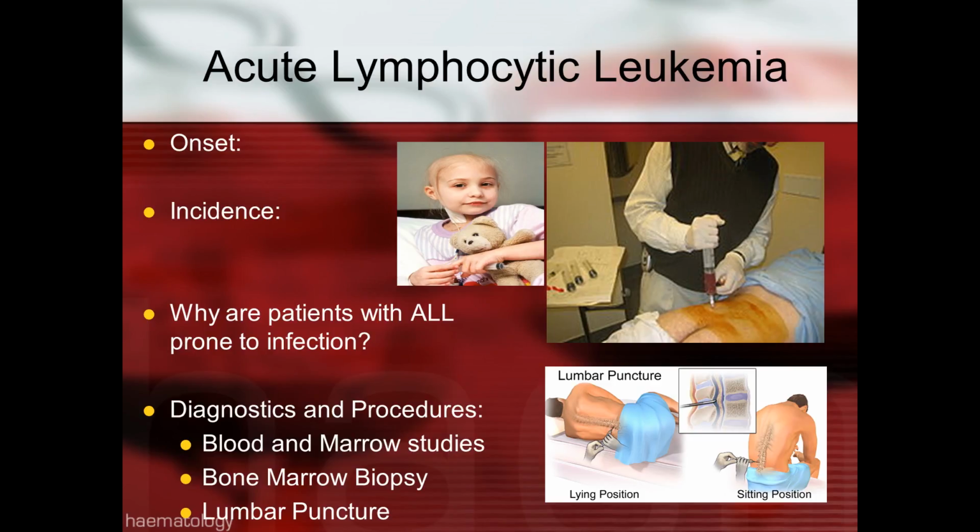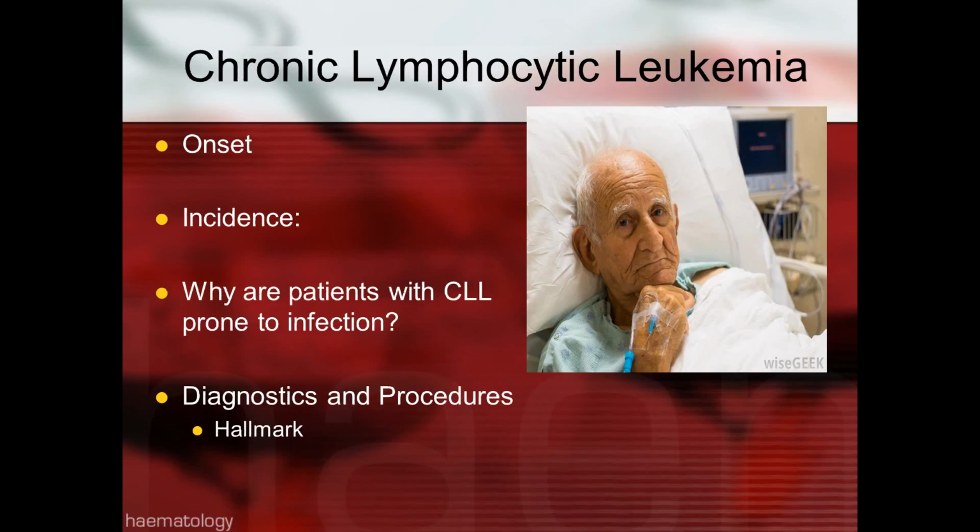So let's look at chronic leukemia, or chronic lymphocytic leukemia. Chronic leukemias are malignancies involving proliferation of more fully differentiated cells, older cells. They know their functions.